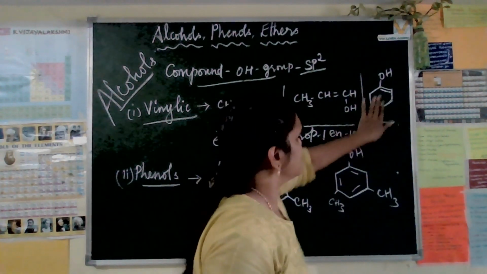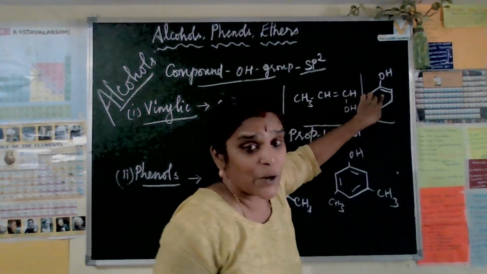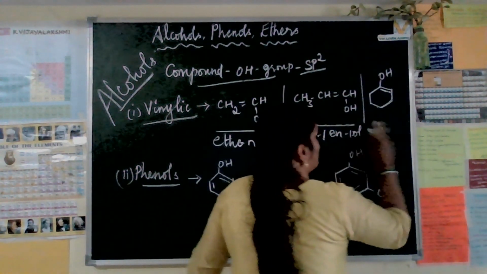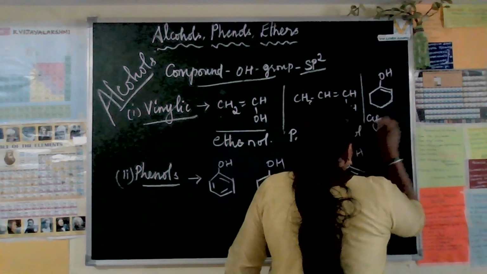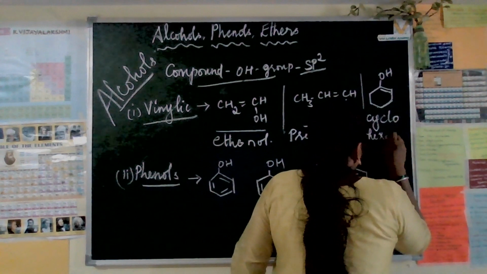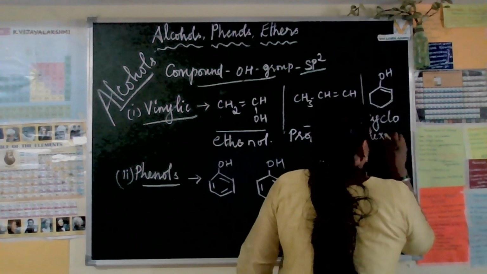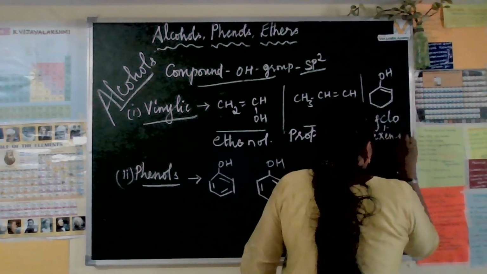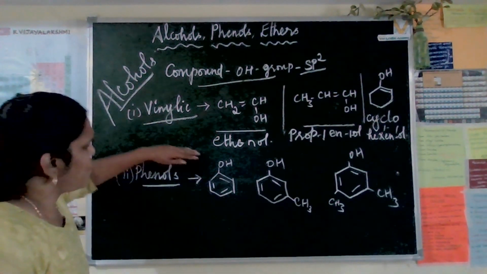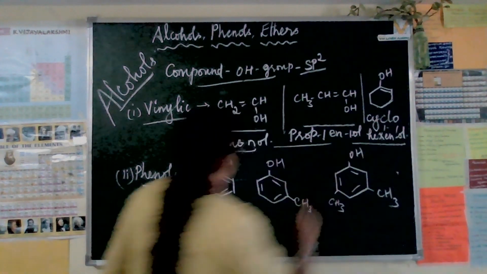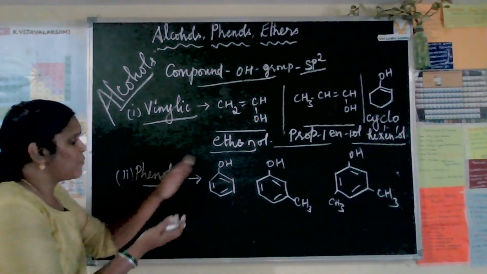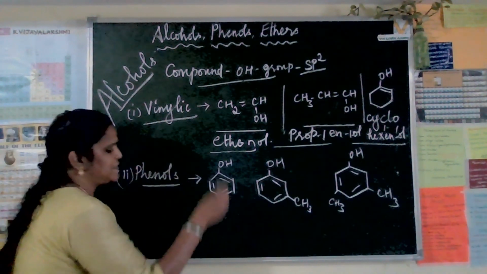Now this is not benzene, this is a cyclohexene. So cyclohex-1-en-1-ol. In the same way, you can identify this easily. Now, for phenols, aromatic ring, the OH group directly attaches to the benzene ring.